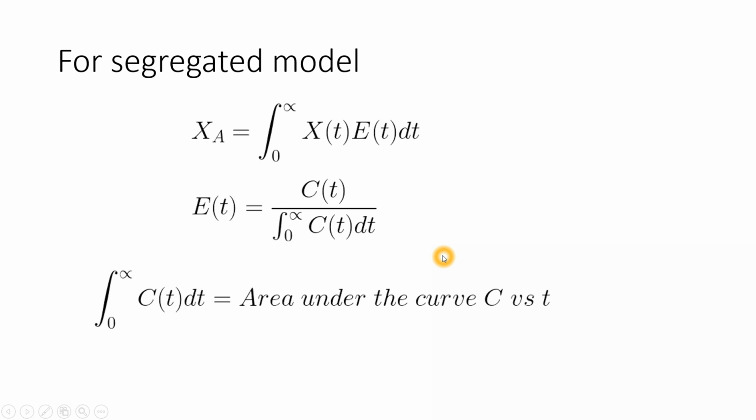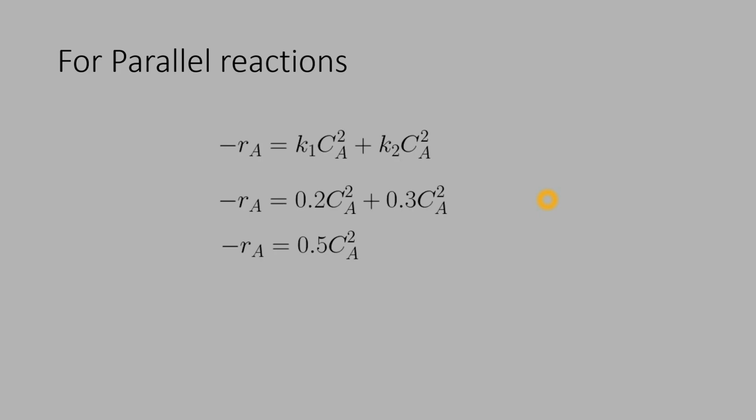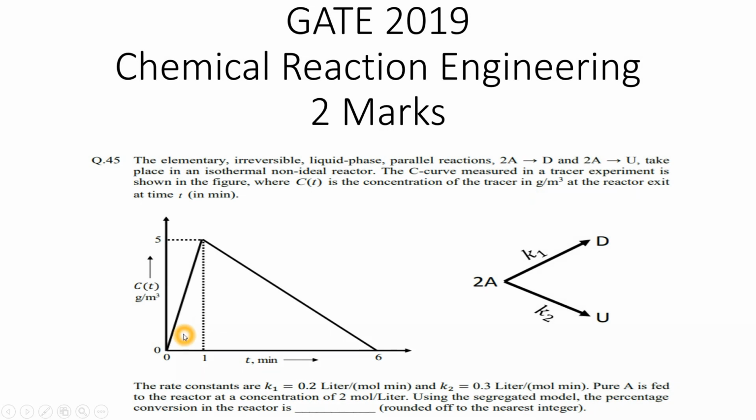Next, for the segregated model, X = ∫ from 0 to infinity of Xt Et dt, and Et is given as Ct upon the integral from 0 to infinity of Ct dt, which is the area under the curve C versus t. How can we calculate this area? It is a triangle.